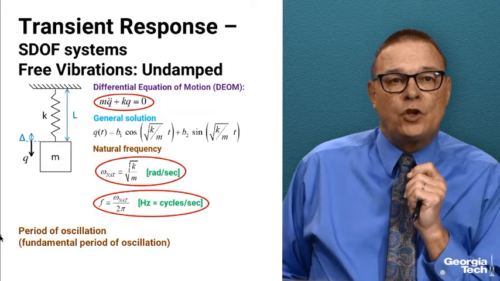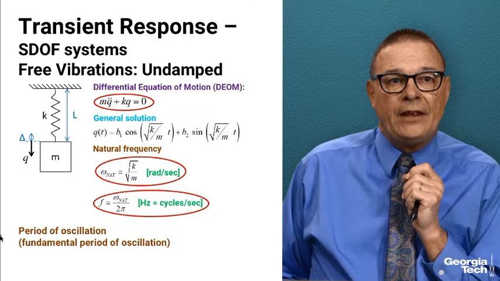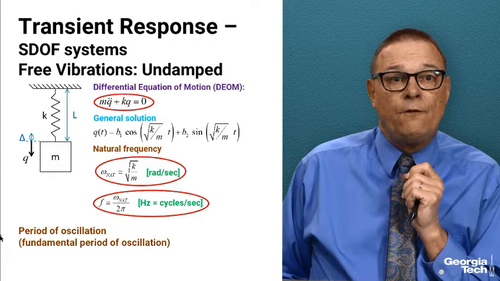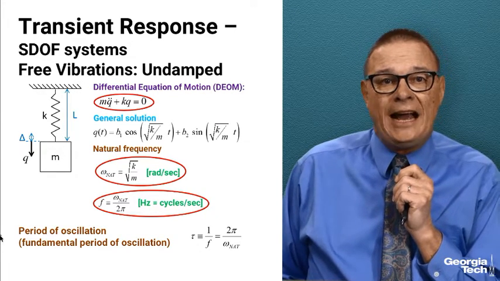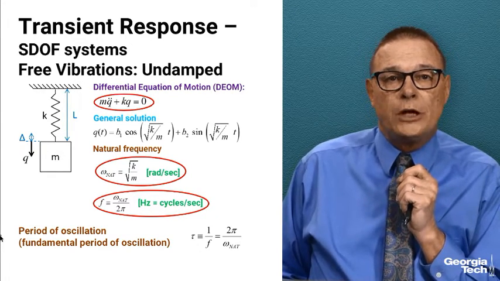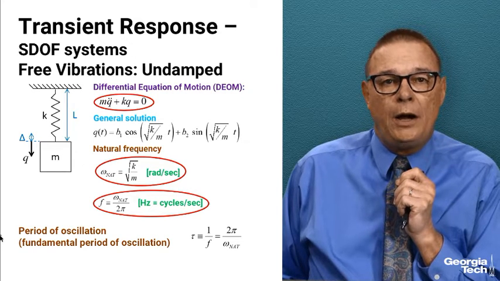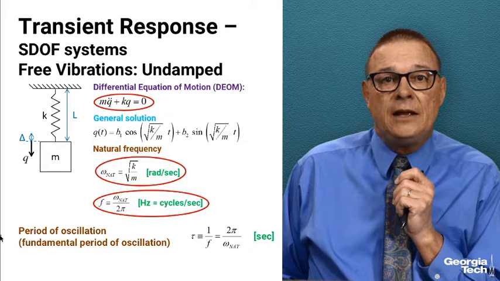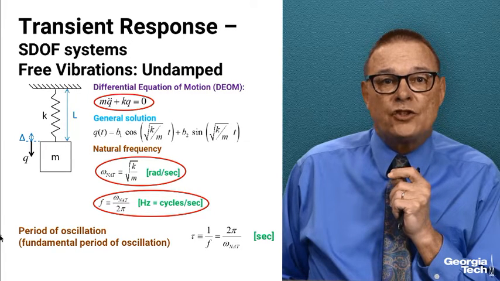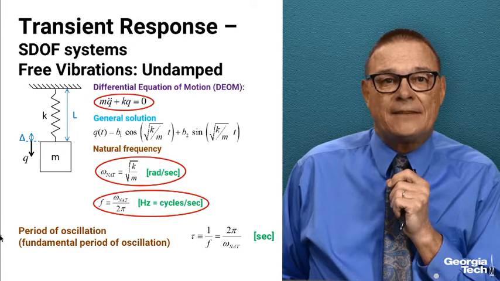And then we have what's called the period of oscillation, defined as the fundamental period of oscillation, and it's given the symbol tau. It's 1 over the natural frequency in hertz, or 2 pi over omega natural. And so that's the time for each cycle to occur, so it's in seconds.